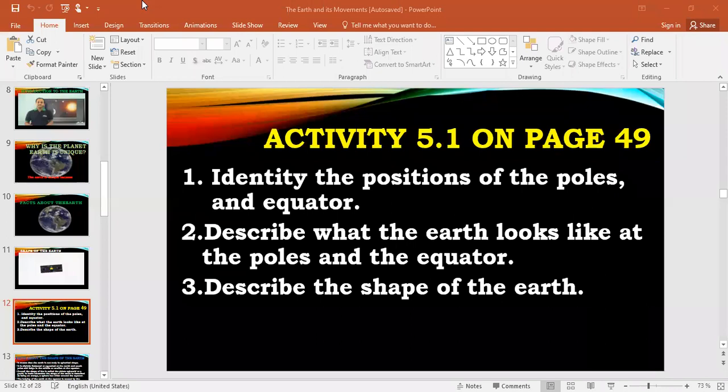So that's why I say identify the position of the poles, then the equator, then describe. You first give me the answer, then I'll tell you that. Then they said that from this, we get a geoid.